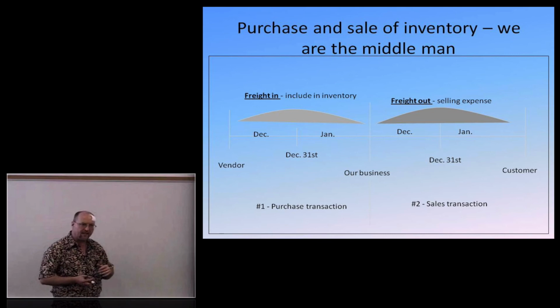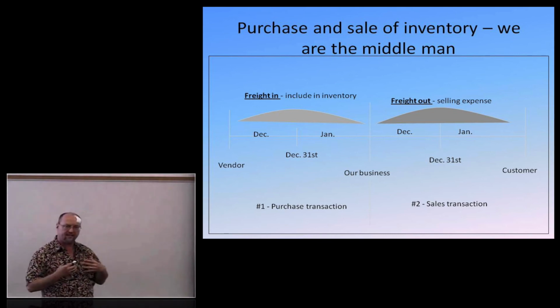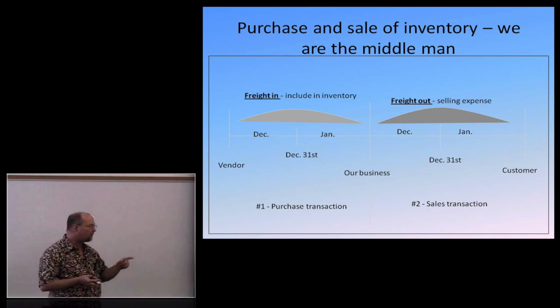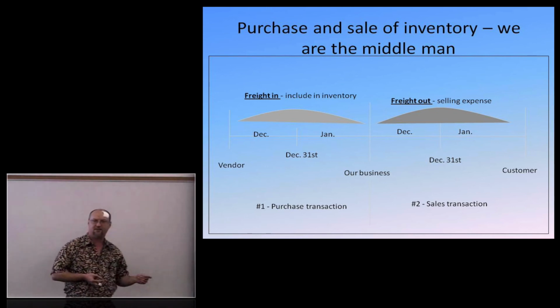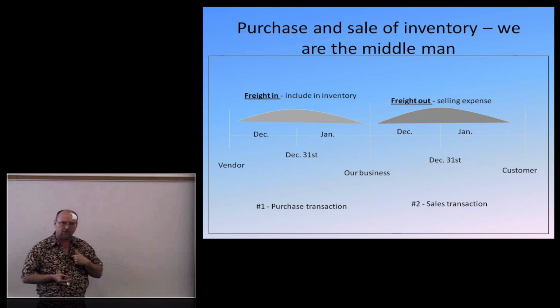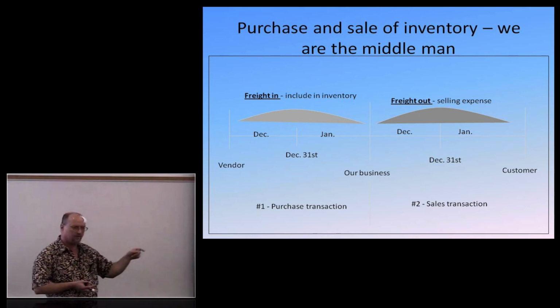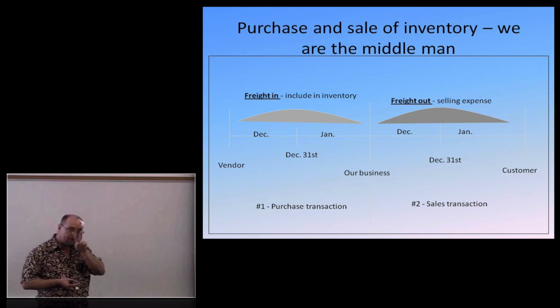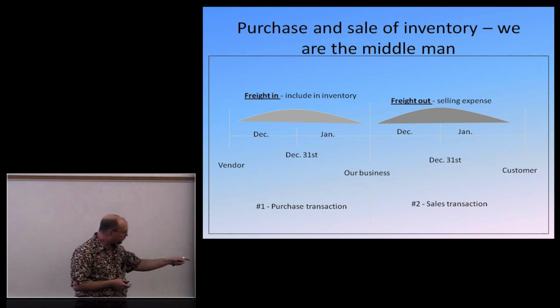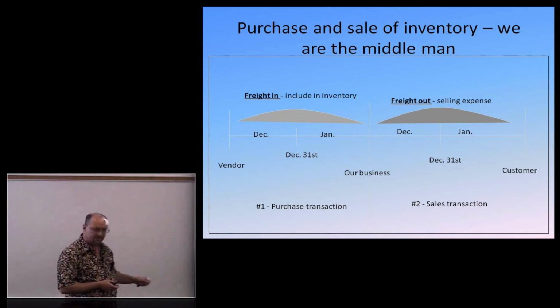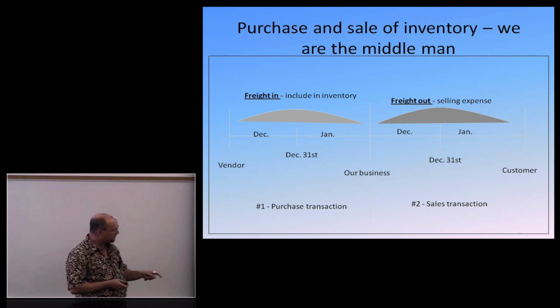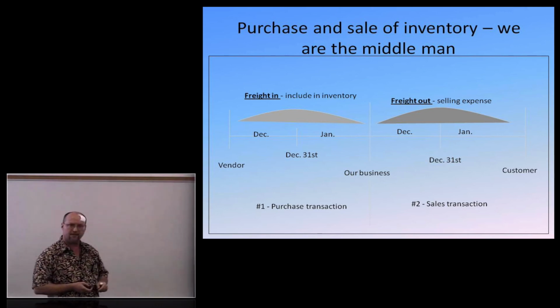Remember, in accounting, we focus on our business and our transaction. So even though the vendor is selling us inventory, we call it a purchase, since we're purchasing it from them. And even though the customer is purchasing inventory from us, we're selling it to them, so we call it a sale. So we have two transactions. We have the purchase transaction from vendor to us, and we have the sales transaction from us to our customer.